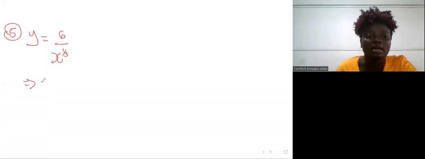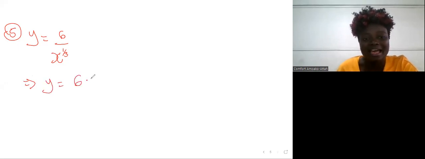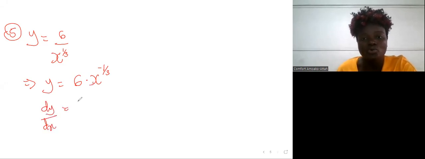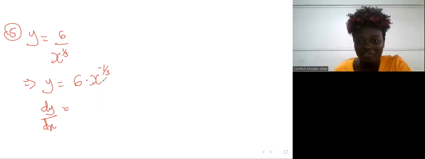This can be written as y equals 6 times x exponent negative 1 over 3. All right? So dy/dx using the general rule, if you remember, you multiply the exponent here by the coefficient of x.